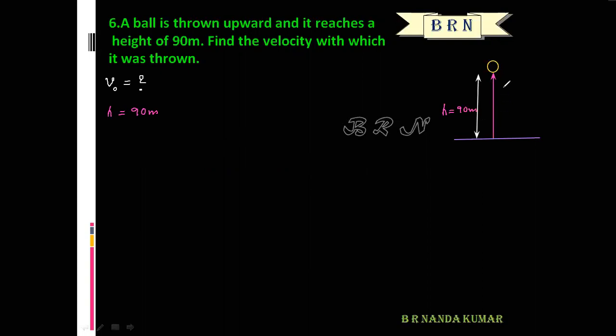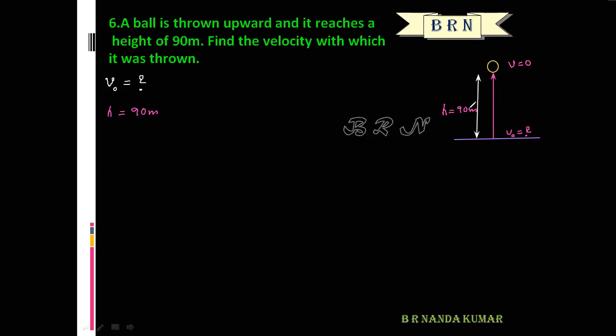If it reaches the maximum height, at this location the final velocity of the ball becomes 0. But here the initial velocity is not equal to 0; we have to find the initial velocity, that is the velocity with which the ball was thrown, right?